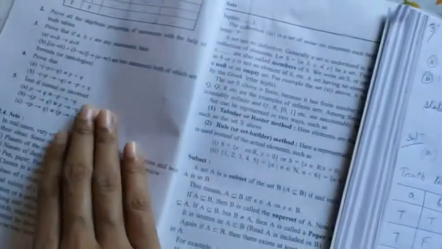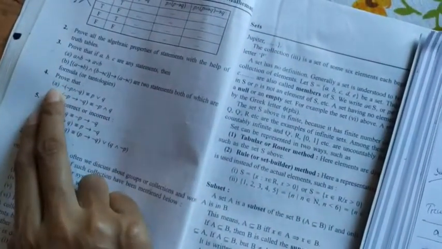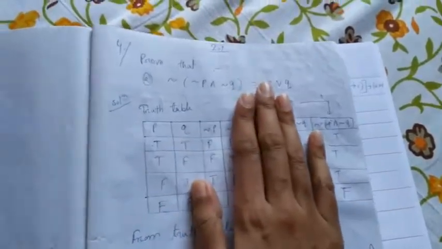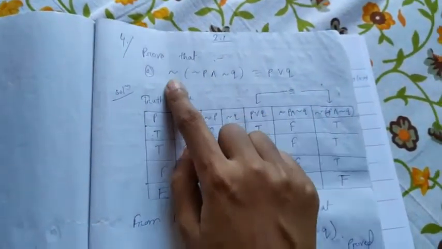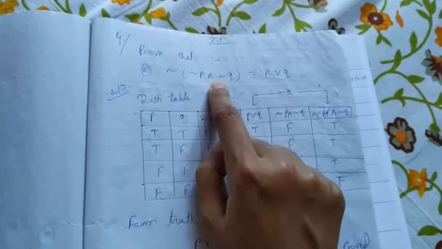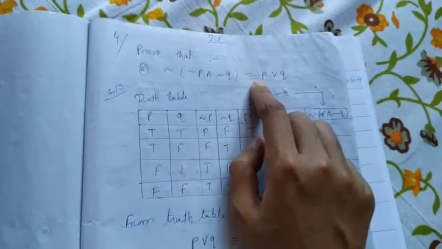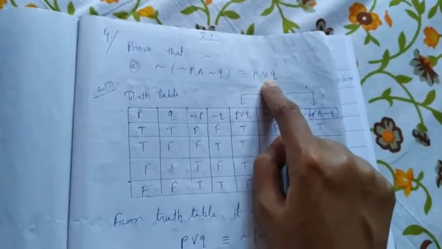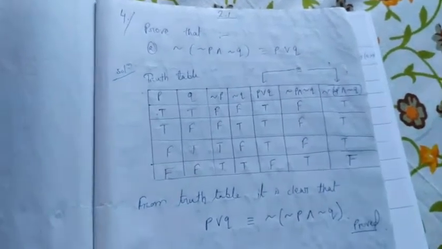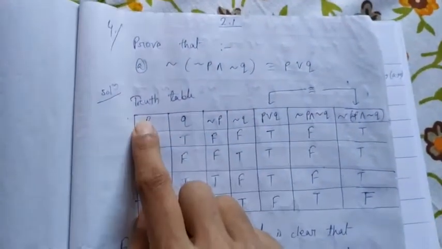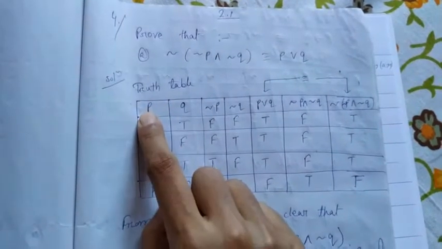Now question number 4, prove that not P and not Q is equivalent to not of P or Q. First of all write P and Q: true true, true false, false true, and false false.